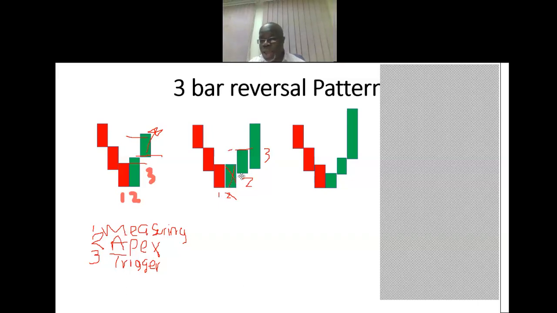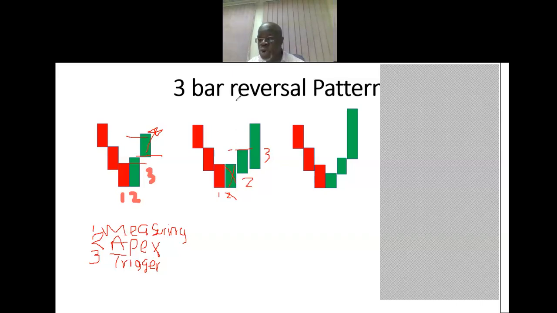Why? Because sometimes you'll find this apex candle forms very many, they can have very many of them. And then suddenly it breaks and continues down. So it becomes a continuation, not a reversal.